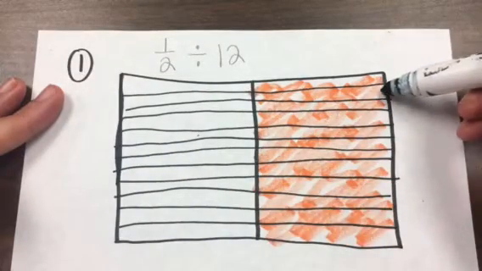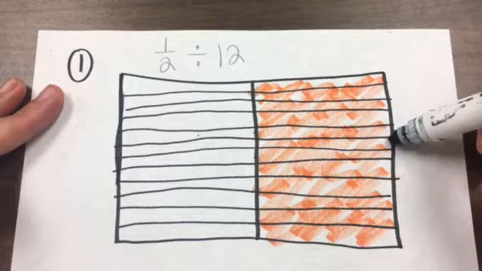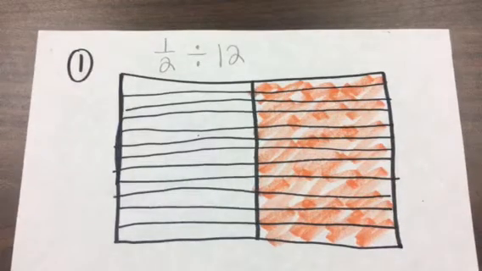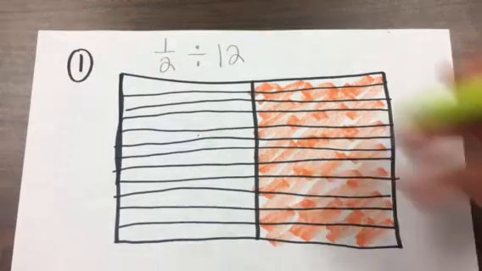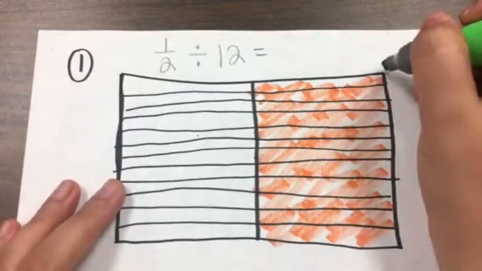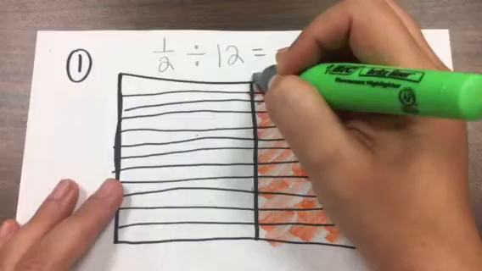Okay, so 1, 2, 3, 4, 5, 6, 7, 8, 9, 10, 11, 12. So I cut it into 12 pieces. And now I want to know how much is one piece. So one of these pieces.